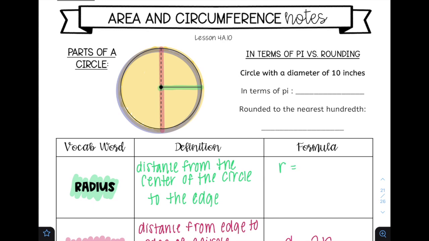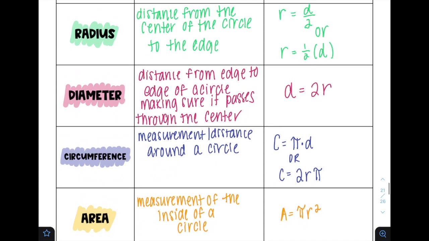Radius is going to be equal to your diameter divided by 2. It's half of your diameter. Or you can write it as 1/2 times your diameter, which is basically the same thing as dividing by 2. So these are all of the important vocabulary words that you are going to need to know, along with the formulas that you will need to know when referring to circles.